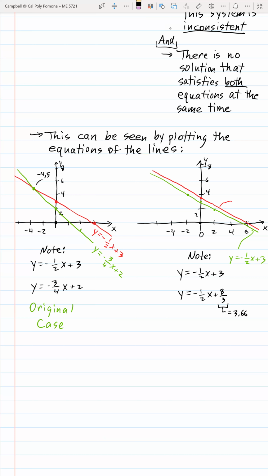You can clearly see then that we have y is equal to -1/2 x plus 8/3. And so we can see that there is no intersection between the two lines.